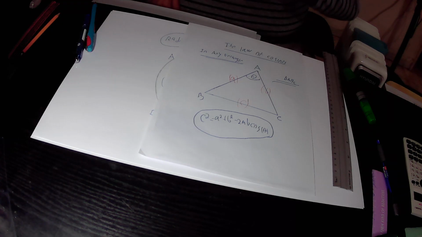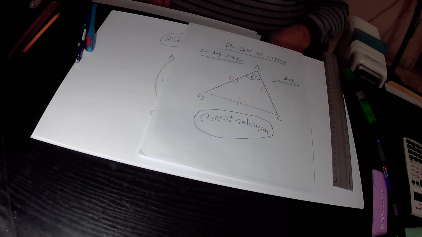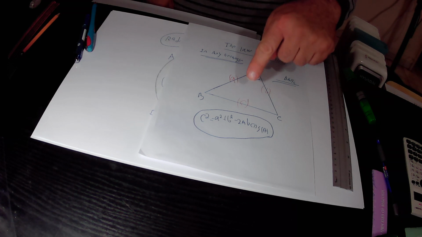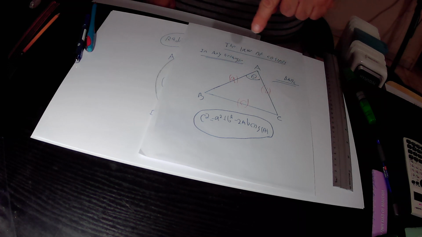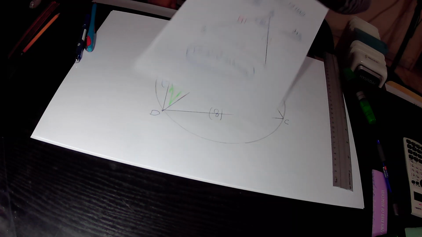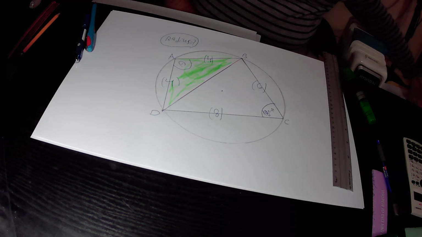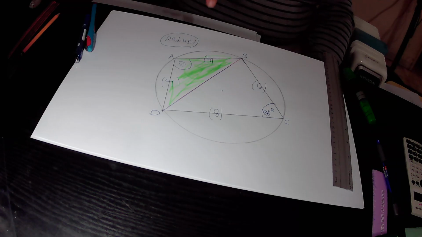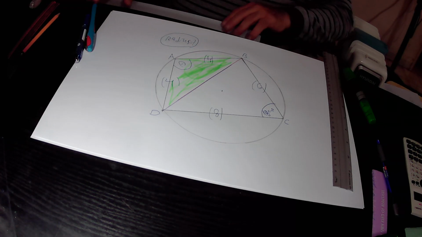So in this triangle ABC that could be any triangle, the following equation is true. C squared equals A squared plus B squared minus 2 times A times B times cosine theta. Again, C squared equals A squared plus B squared minus 2 times A times B times cosine theta. So we can actually implement the law of cosines in this given triangle ABD.